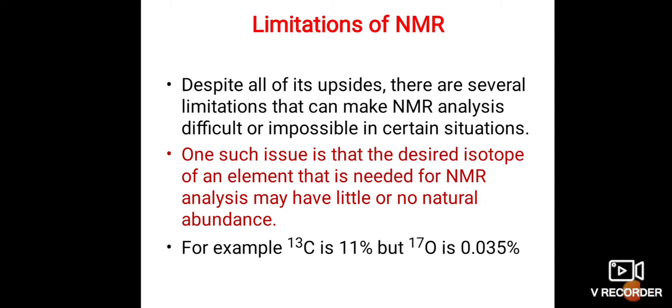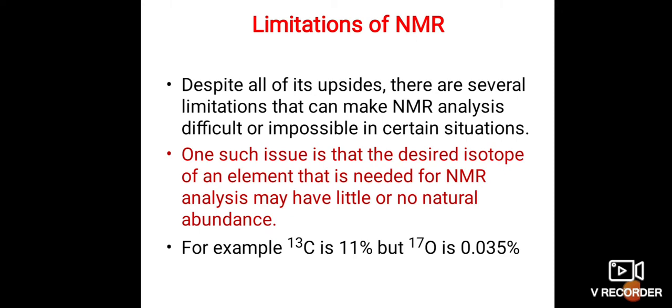For example, C13 is about 1.1%, and if anybody wants to go for O17 NMR, again it's going to be difficult, because the molecules we study are usually naturally occurring molecules, and these have a very low percentage of O17 atoms, which is 0.035%, which is very less.